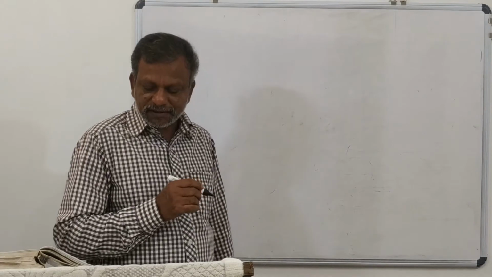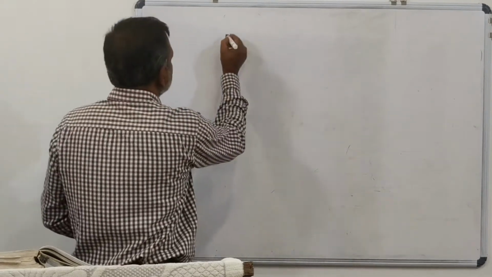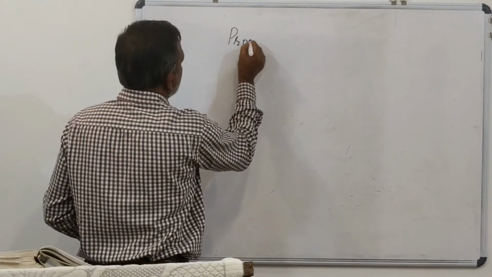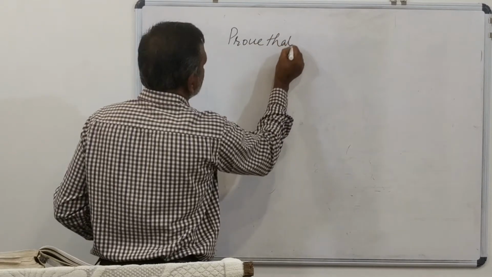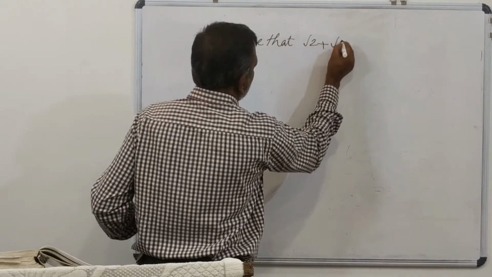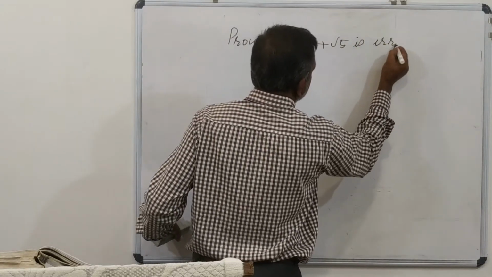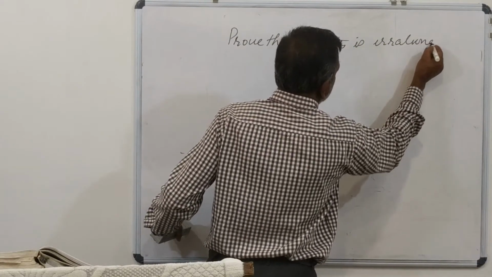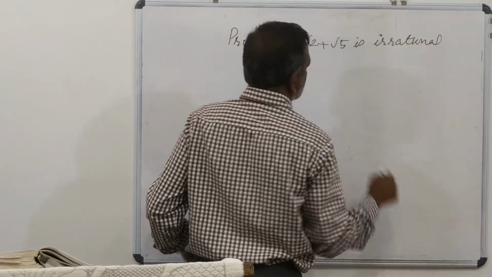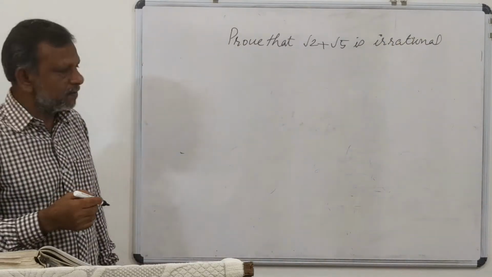The next question is, prove that root 2 plus root 5 is irrational.